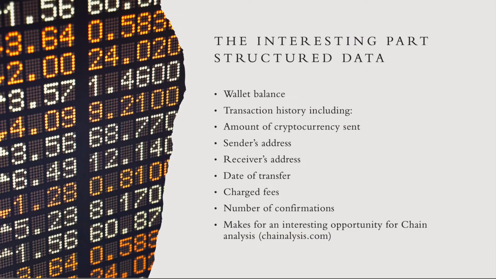Because there are some really interesting things about the blockchain. The big thing is that it's absolutely structured data, and that makes a really interesting opportunity for chain analysis, right? It makes a great way of building an AI/ML model, looking for fraud, money laundering, or anything else, because we have a wallet, we can get a balance, and we can get the entire transaction history for that wallet.